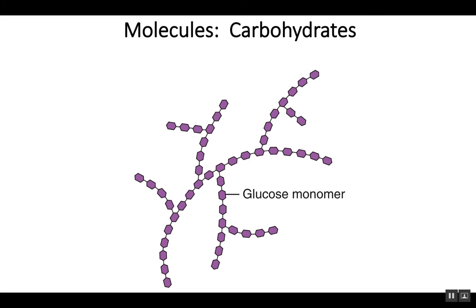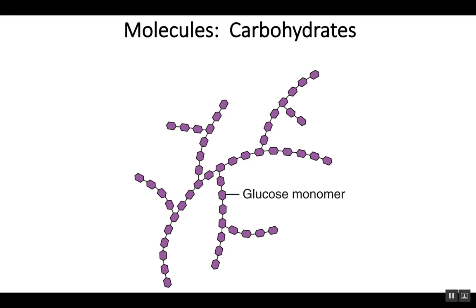Here is a polysaccharide. So these are all single glucose monomers covalently bonded together. And when you covalently bond many glucose monomers together, you form a poly, which means many, saccharide. Saccharide means sugar. The major important polysaccharide in humans is called glycogen.